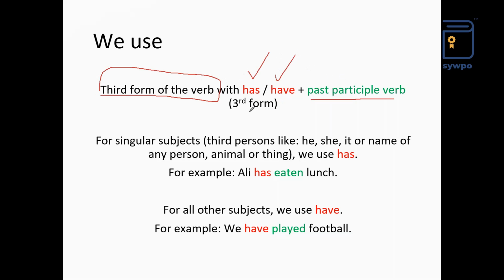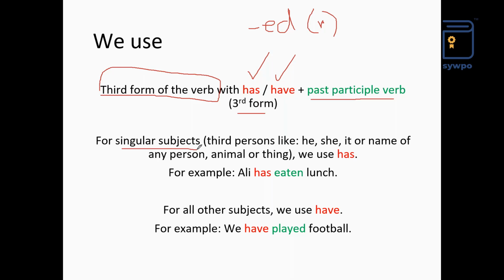We also call it third form of the verb. These verbs have ed at the end most of the time if they are regular verbs, okay? But if they are irregular verbs, the word will change altogether, and then you will have a new word for it. So let's see more.